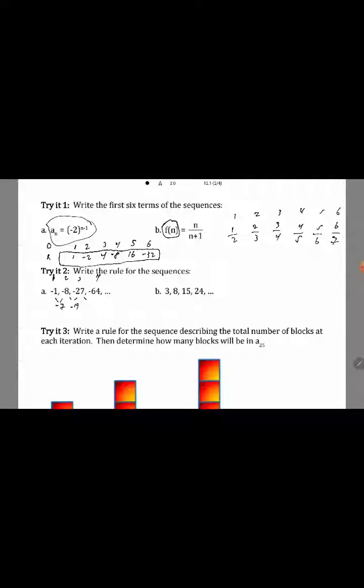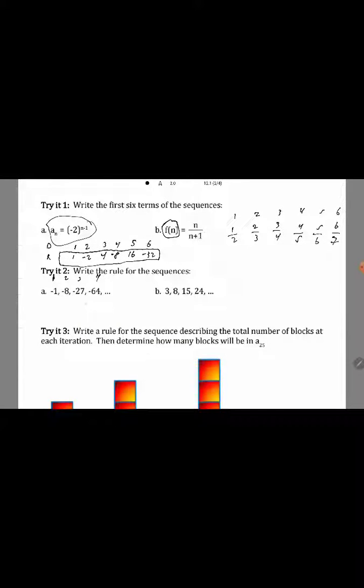And then -64, basically what I'm saying is that these aren't matching up. There's no viable pattern, so that doesn't work. So looking for the differences doesn't work.